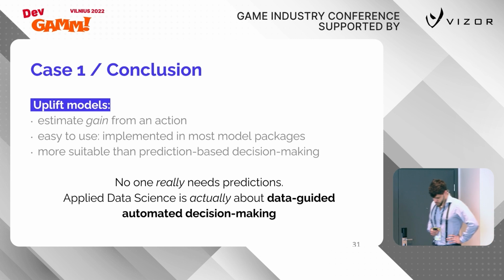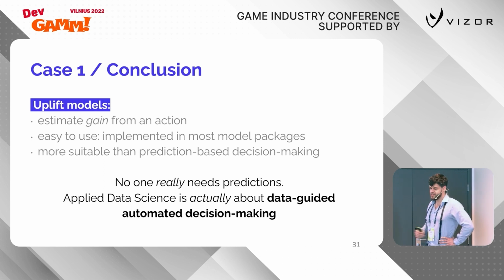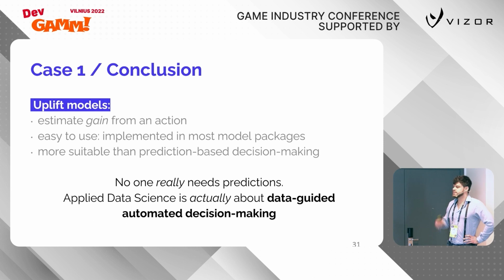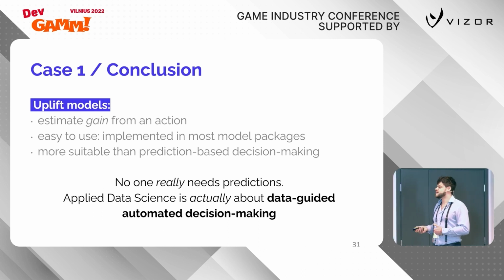And well, the meta conclusion is that actually no one needs predictions, and data science is not about making predictions or building models. That's a very common misconception. Data science is actually about making automated decision-making systems. Systems that make decisions based on data and do that in an automated fashion, right?